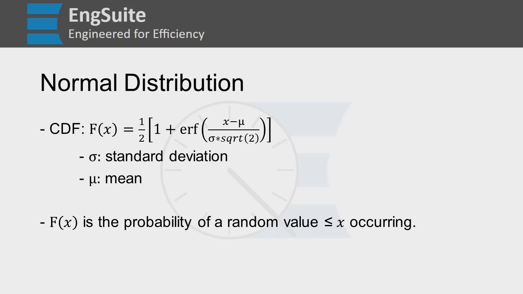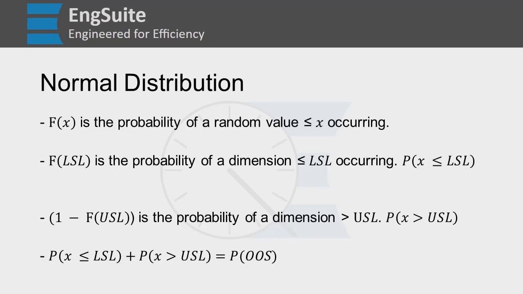So what does that have to do with capability? Well, if f of x is the probability of a random value less than or equal to x occurring, then f of the lower spec limit is the probability of a dimension less than or equal to the lower spec limit occurring, the probability of x less than or equal to LSL.